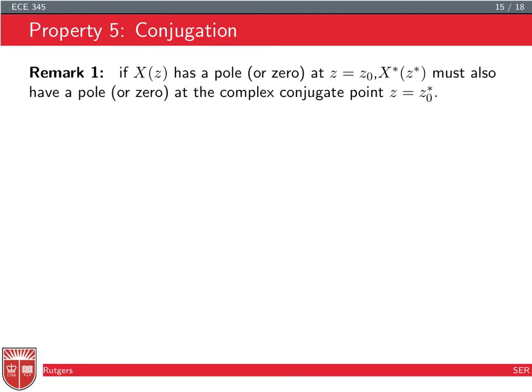Let us take an example. Let's suppose that X(z) is equal to z divided by z minus j by 2.